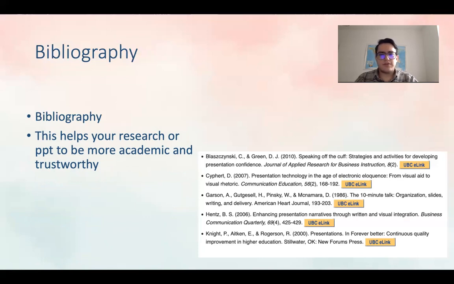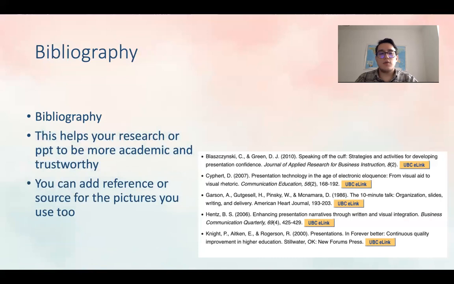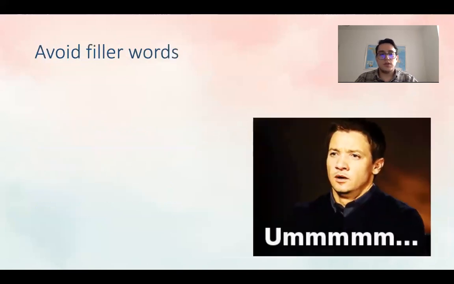It just makes your life harder? No, this helps your research or your PowerPoint to be more academic and more trustworthy and more reliable, which is very important. No one wants to have unreliable information in their PowerPoint. You can add reference or source for the picture you use also, as I mentioned.